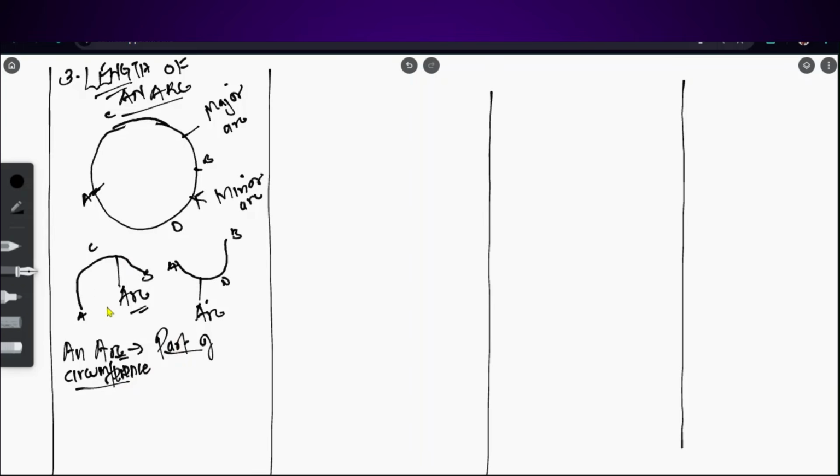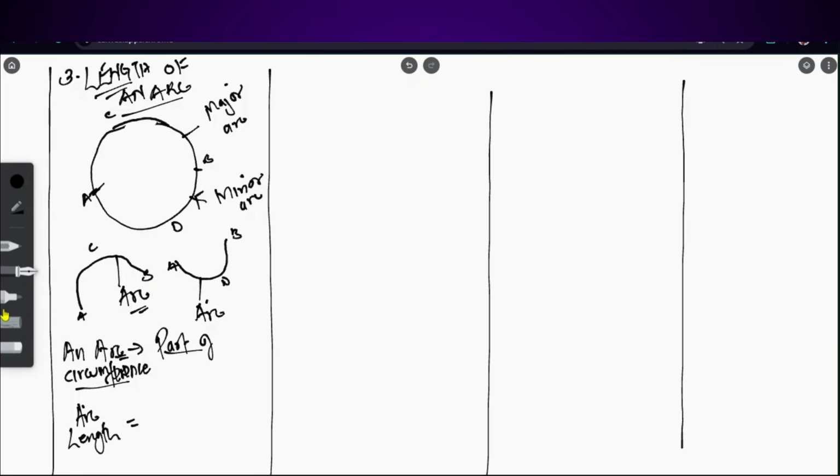Now, how do we get the length of an arc? How do we get the distance from A to B? Because now this one is not complete. If I want to get the length of an arc, or sometimes I call it an arc length, arc length is obtained by this formula.